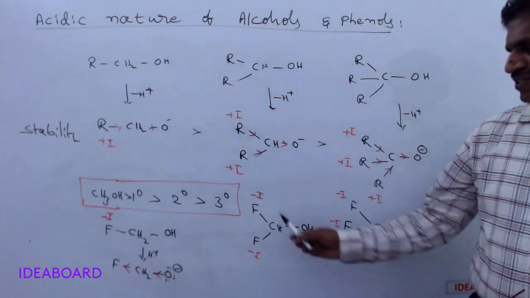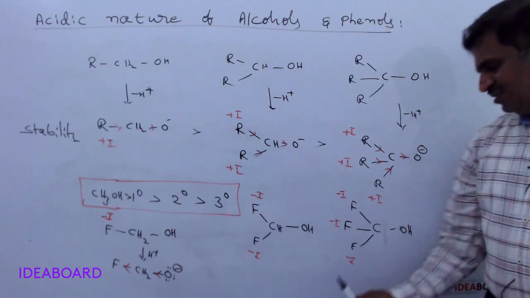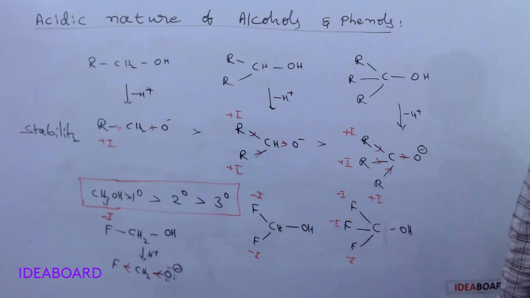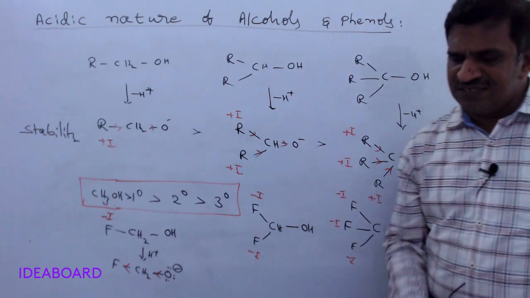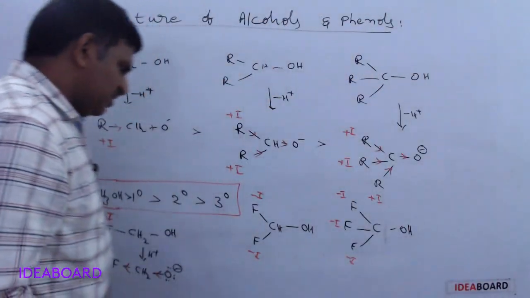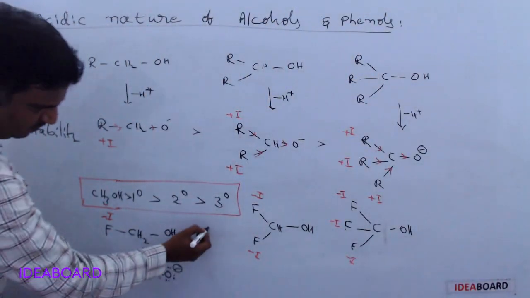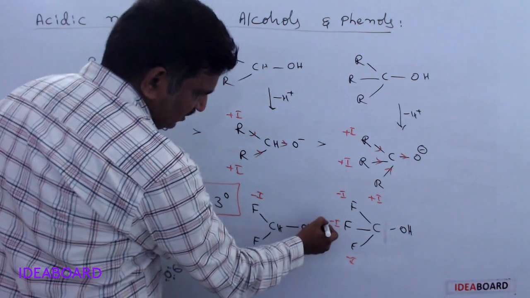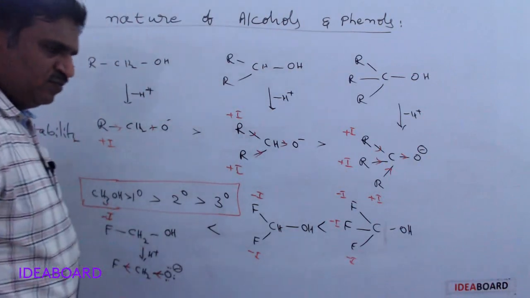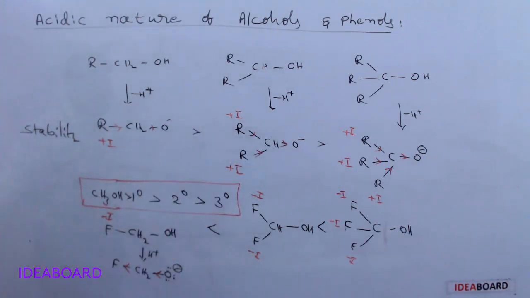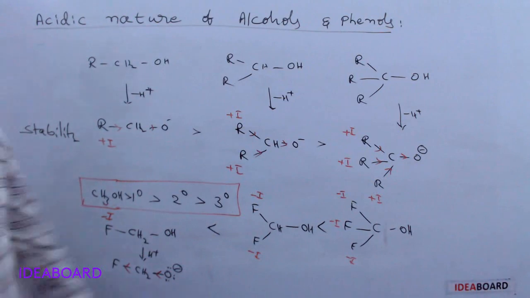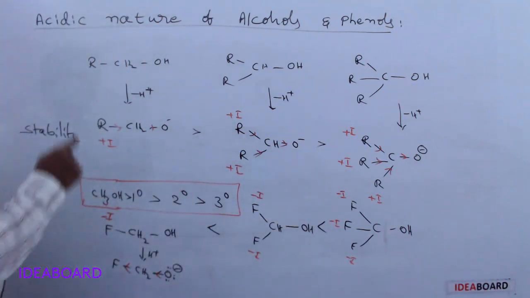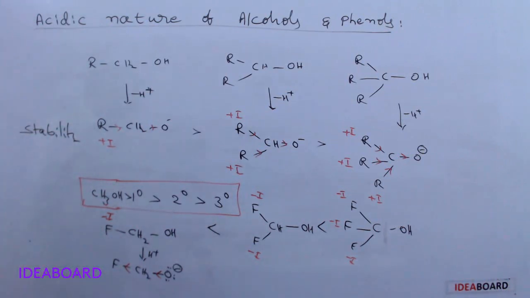This one has more minus I groups, and this has much more: three fluorine atoms, three minus I groups. So whenever minus I groups increase, what happens? The acidic nature increases, so this is the order of acidic nature. The highly acidic one is the one that contains more minus I groups. Whenever minus I groups are present, acidic nature increases.